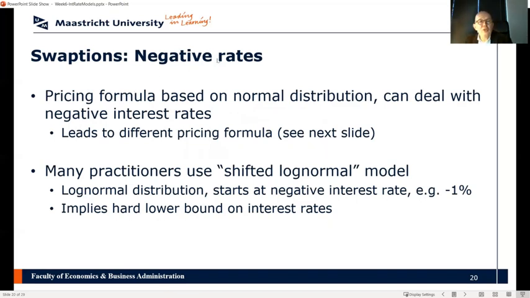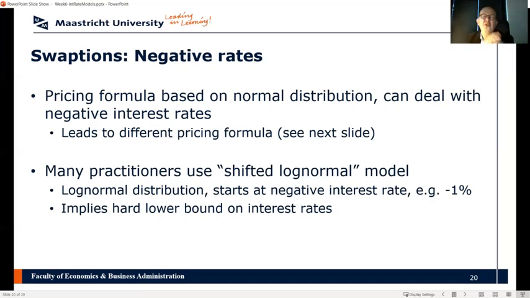Again, we do see that interest rates were negative, and we are moving away from negative interest rates in the current state of the world. So we can also use a Gaussian model to model the par swap rates, and this will lead to a different pricing formula.